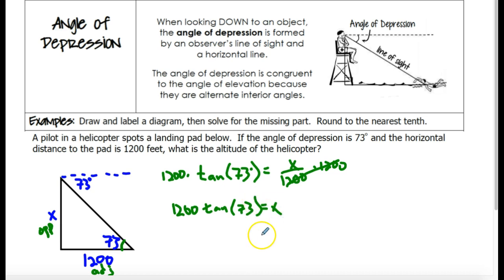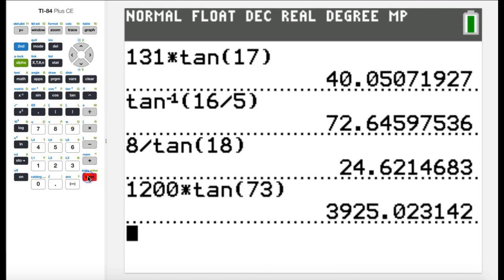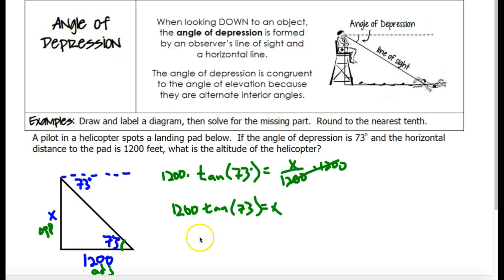So 1,200 times the tangent of 73 degrees is 3,925.0 if we round to the nearest tenth. And this is in feet.